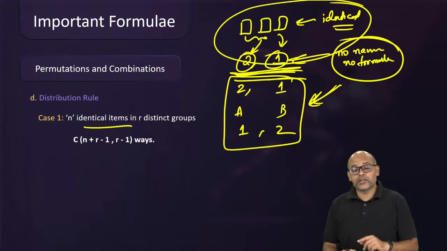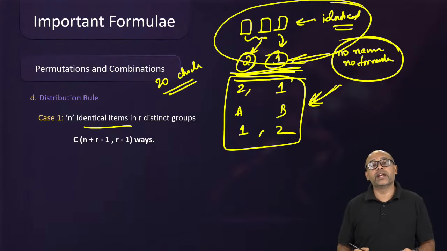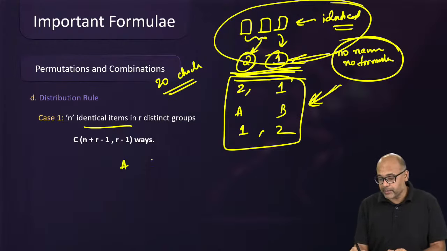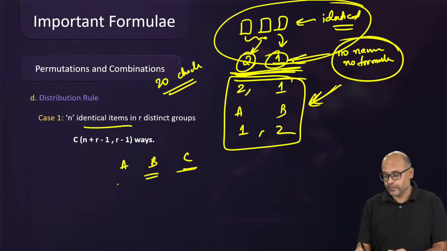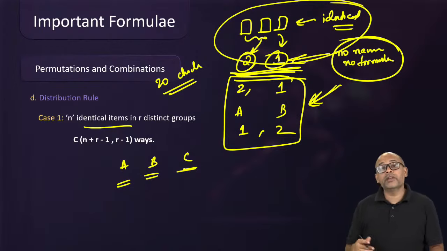But if I ask you, there are 20 identical chocolates. I have to distribute these chocolates among 3 children, A, B and C. How many ways can I do that? All 20 should go to A, B and C. That is the question.